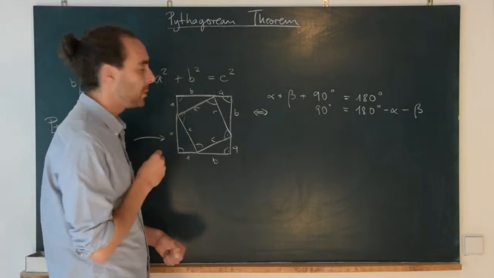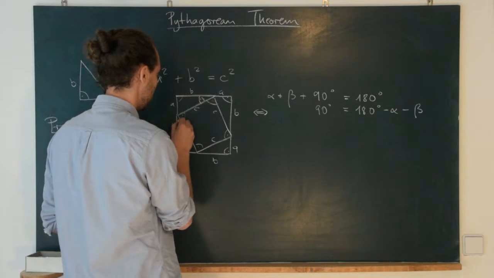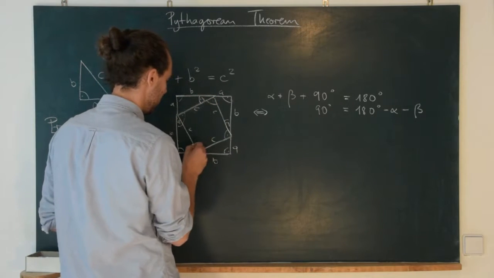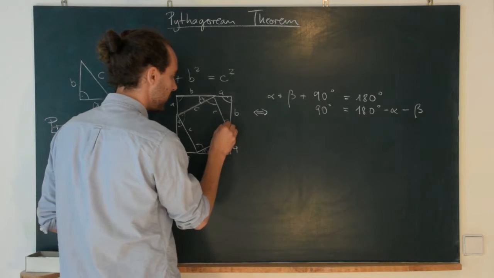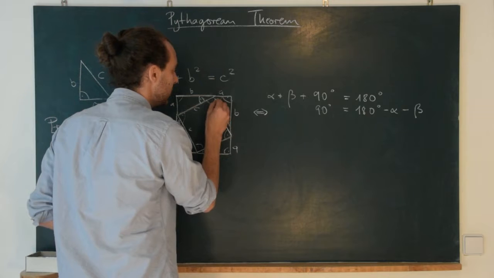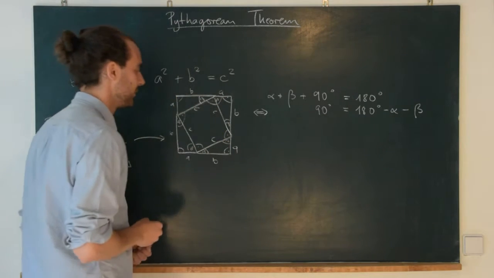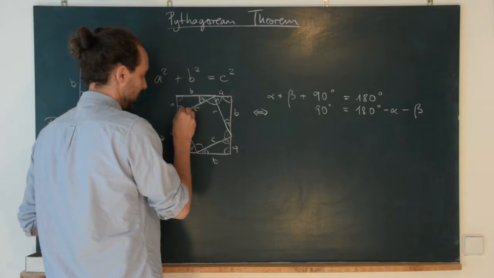In our square we have alpha here, here, here, and here. And we have beta here, here, and here. And of course, we'll have it here too.